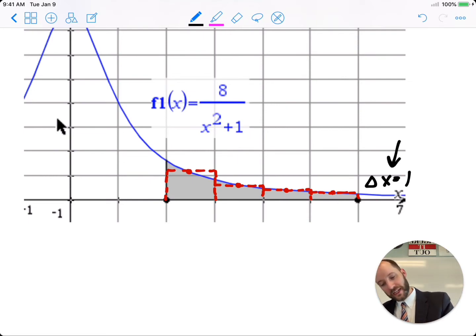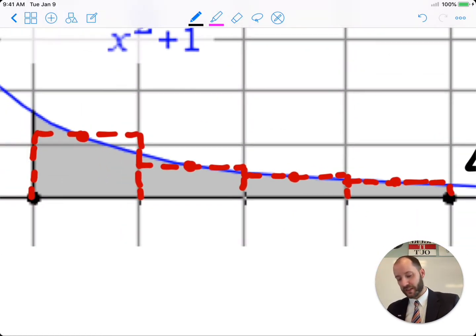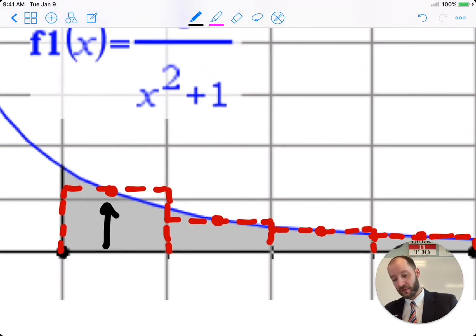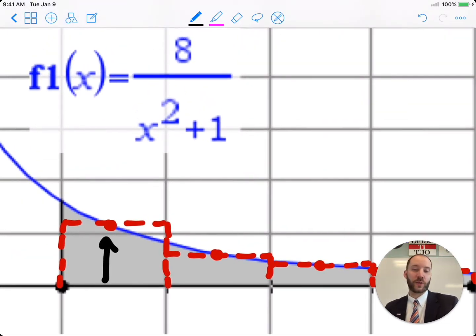So delta x is our base. Now, for each of these rectangles, we gotta find the height. And the height is going to be how far up from the x-axis the point is on the curve. Well, we have an equation for the curve, 8 over x squared plus 1.